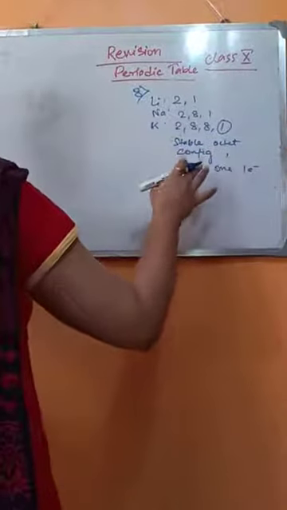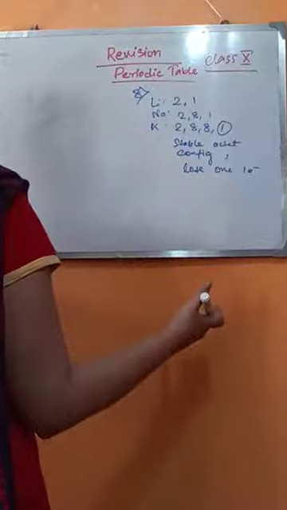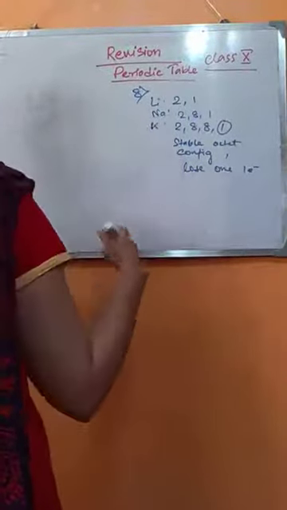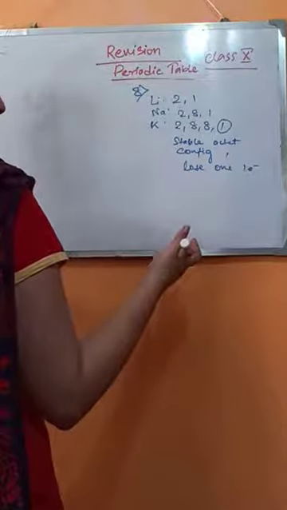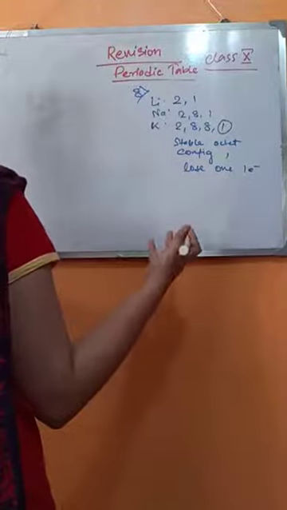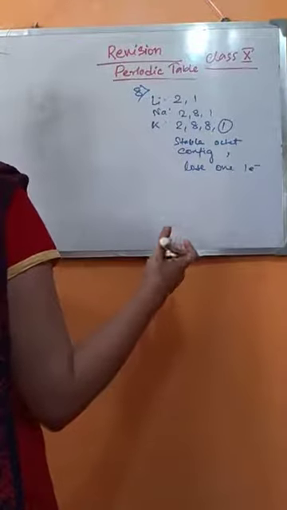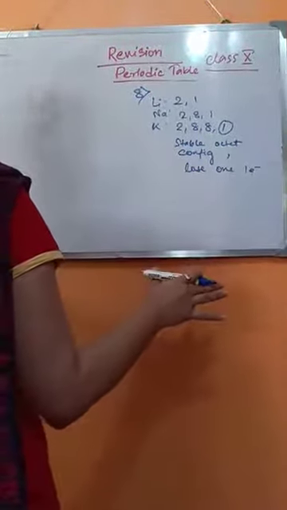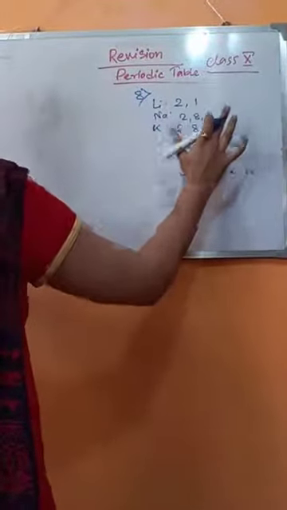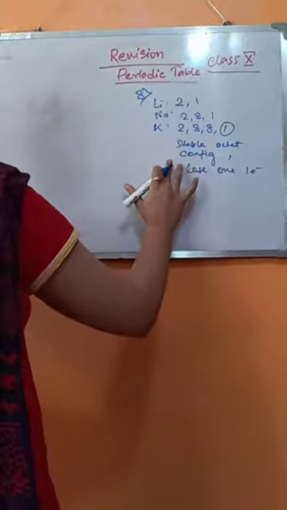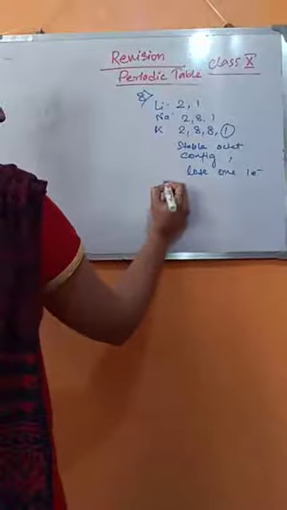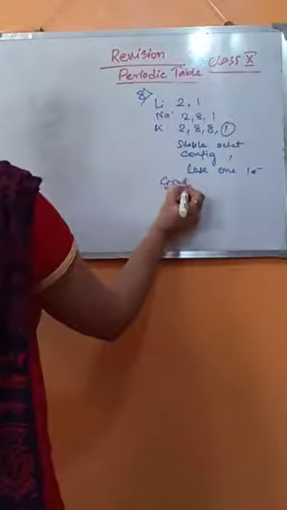So since they are providing electrons to other elements or compounds, they are good reducing agents. Reducing agents are those substances which will provide electrons. So they have one electron in the outermost shell. In order to get stable octet configuration, they will lose this electron. Therefore, they can act as good reducing agents.